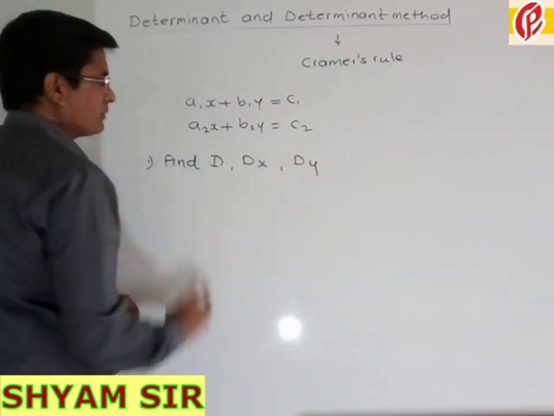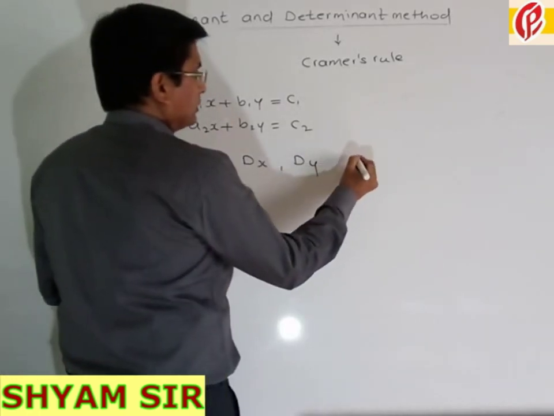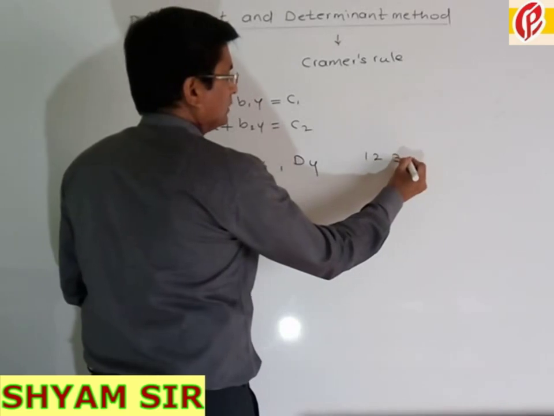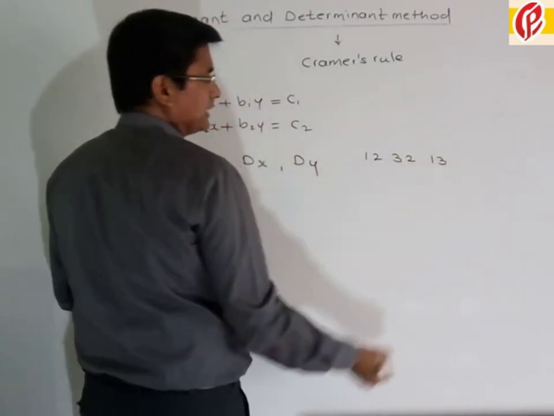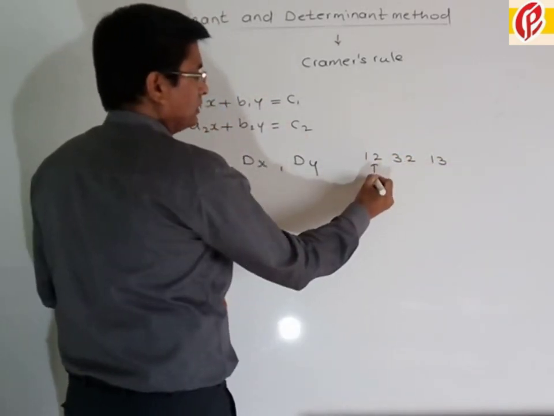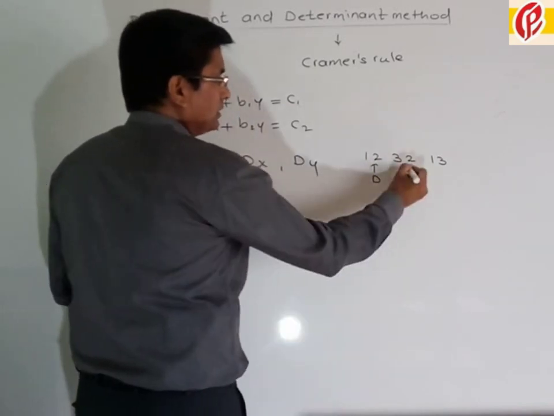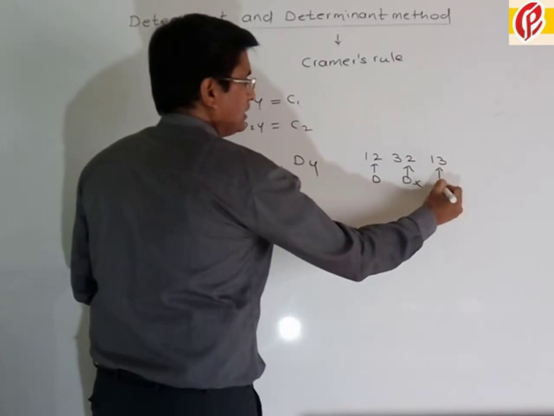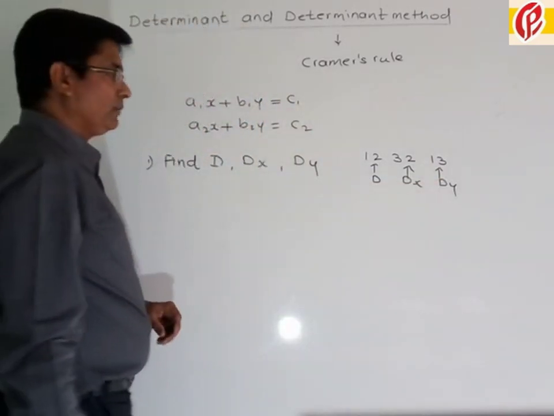So how to find these determinants? Keep these numbers in mind: 12, 32, 13. 12 is for determinant D, 32 is for Dx, and 13 is for Dy.